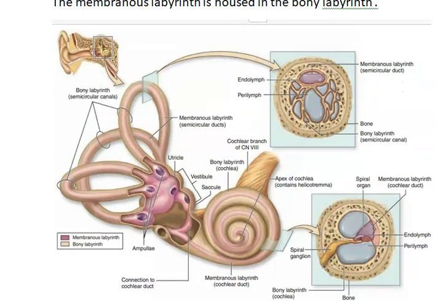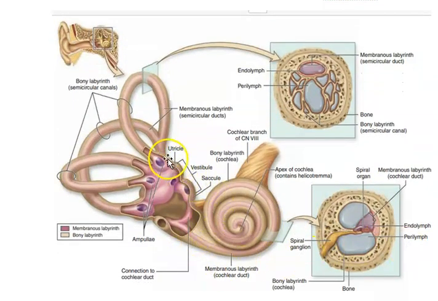So this outer brown structure is known as the bony labyrinth, and it is made up of three structures. See, it has these three round-like structures, and these are semicircles. So these are what we are calling the semicircular canals.